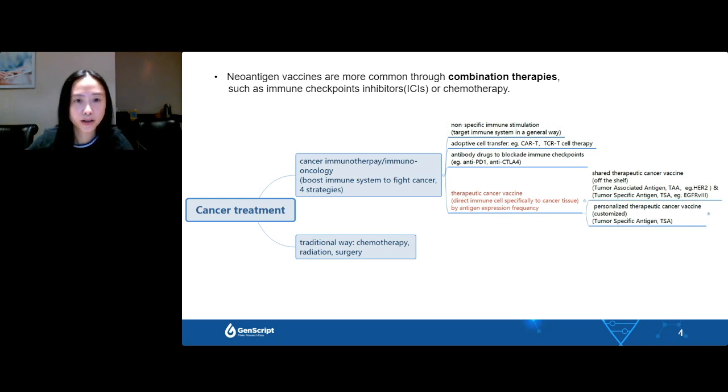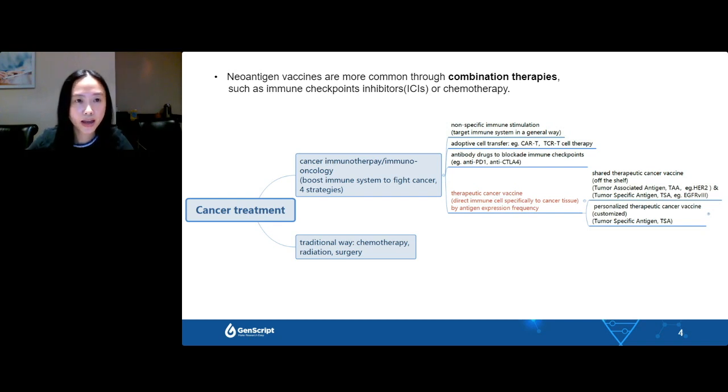There are four strategies, and the therapeutic cancer vaccine is one of them. Other ways are antibody drugs to block immune checkpoints, like anti-PD-1 and anti-CTLA4, and adoptive cell transfer, like CAR-T therapy or TCR-T therapy. The rest is non-specific immune stimulation.